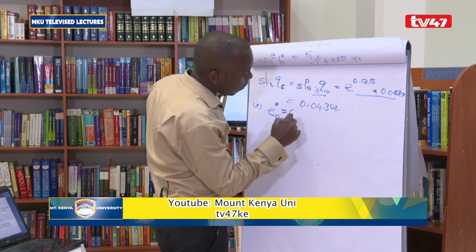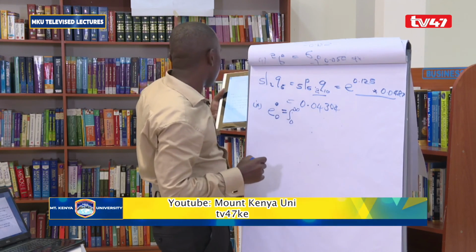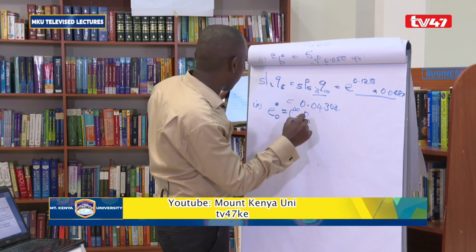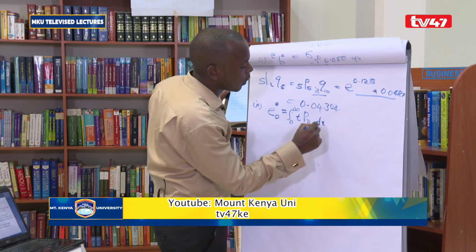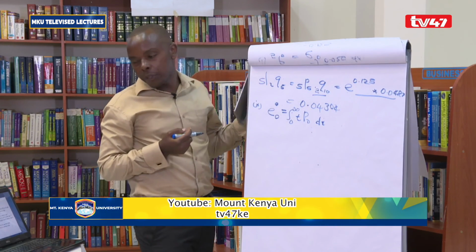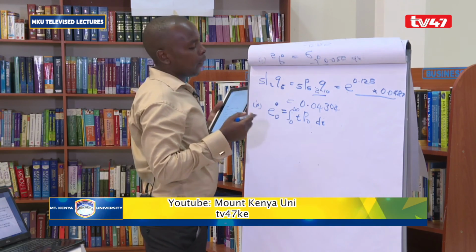So this is given by the integral from 0 to infinity of tp0, and this is something that we've seen, how we can come up with the complete expectation of life for a given life.